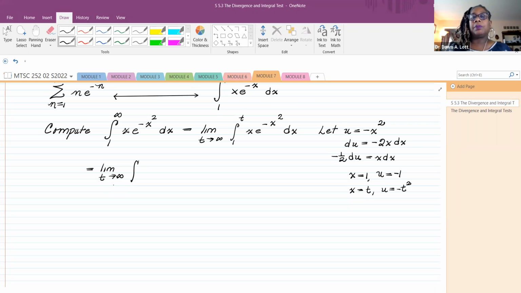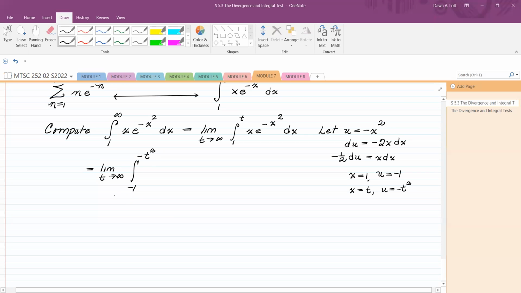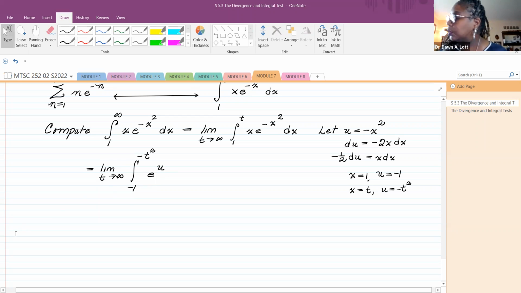What goes at the bottom? Negative t squared. Okay, so this is negative t squared, and this is negative 1. Okay. e to the negative x squared is e to the u, and then x dx is negative 1/2 du.